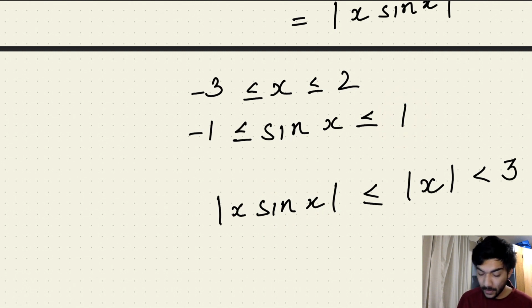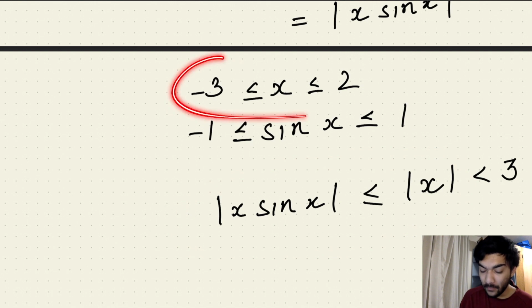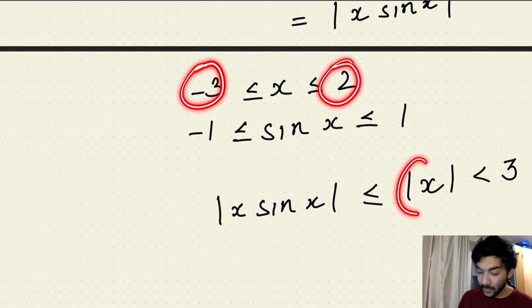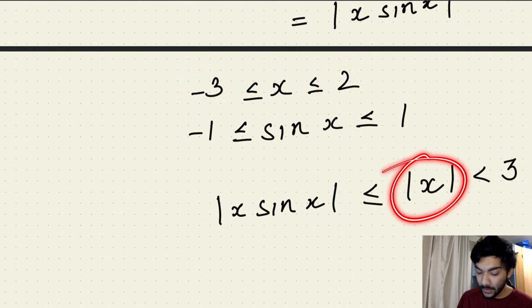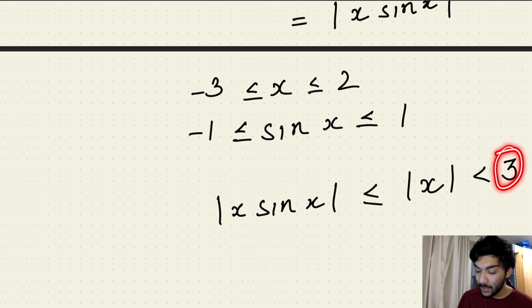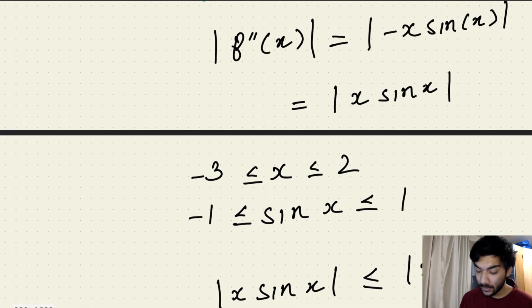So this expression will always be less than or equal to the absolute value of x, and based on the bounds of x from minus 3 to 2, it will hold the maximum value when x is equal to minus 3, and the maximum value would simply be 3.